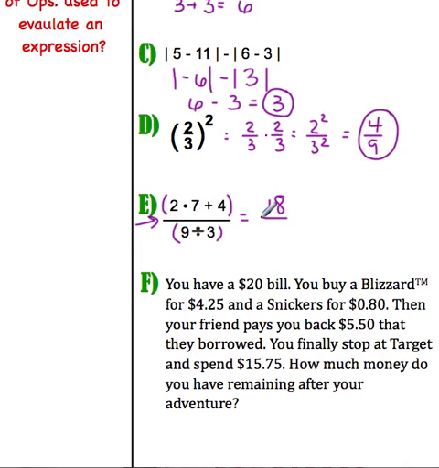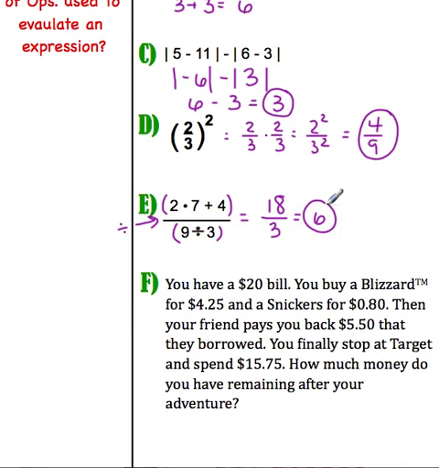And if you can do the work in your head, I'm okay with that. Please make sure, though, that you show what work you need to make sure you're not making any mistakes. 9 divided by 3 is 3. 18 divided by 3, because remember that fraction bar also means divide. 18 divided by 3 is 6.